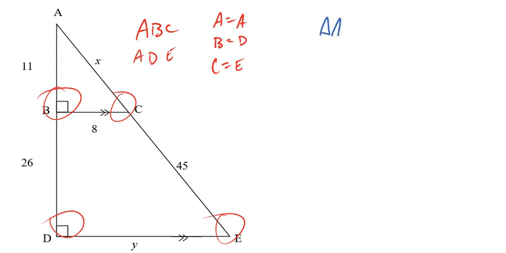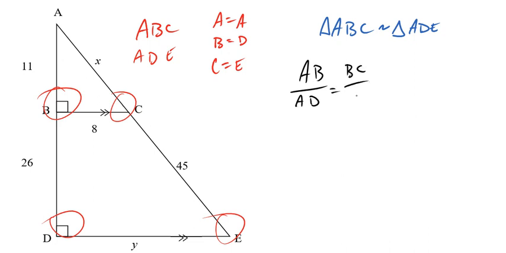That means triangle ABC is similar to triangle ADE. And it means AB over AD equals BC over DE equals AC over AE.